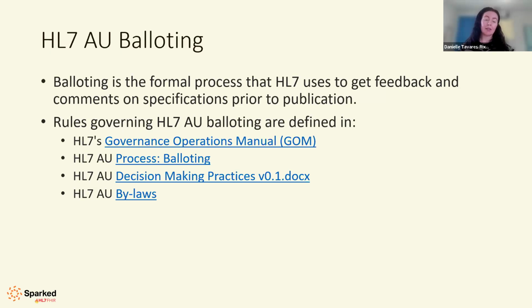And then we localize in Australia through our affiliate localization. And so there's the HL7AU process for balloting. That's on Confluence. We have our decision-making practices, and we use those all the time. We just use them to approve the minutes. And also the HL7AU bylaws have material in them around balloting, like voting eligibility in terms of membership.